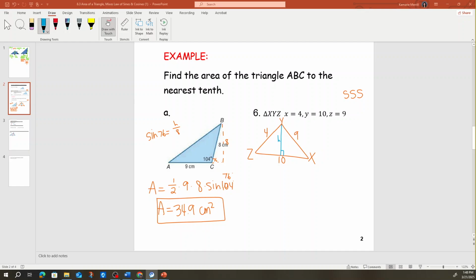Whenever you guys go to do the law of cosines and it gives you an angle, and then if you guys go to find another angle using law of sines, do any of you guys remember what angles we're restricted to when we use sine inverse? Are you ever going to get an obtuse angle out of a sine inverse? You're never. Your sine could run from negative 90 degrees to 90.